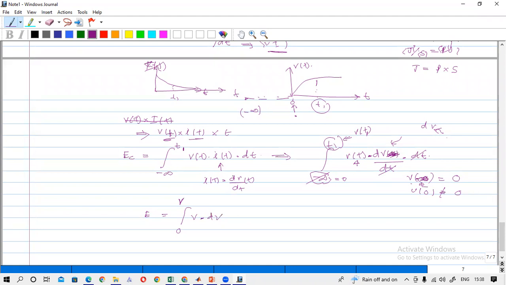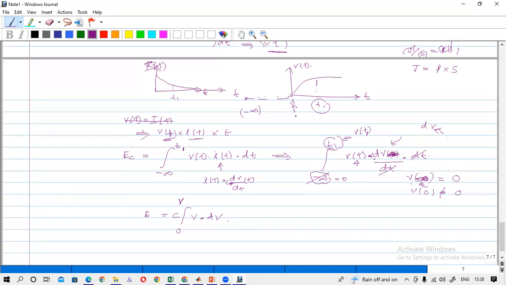When you replace I, it is C dV by dt, so C is there. C is a constant also, so I take that out.